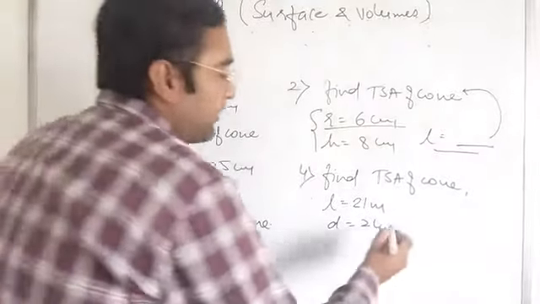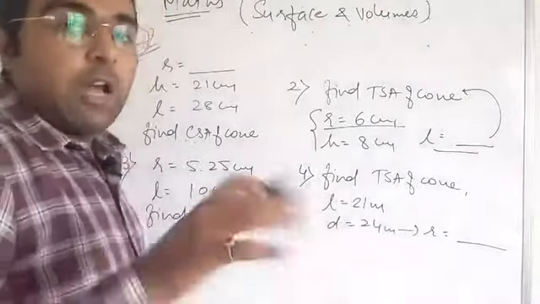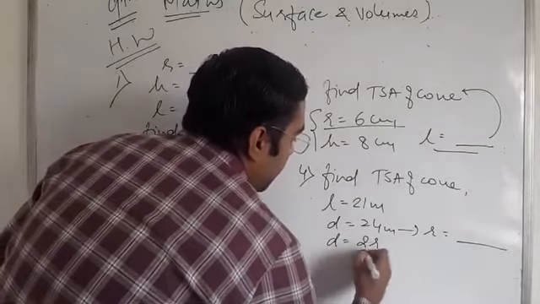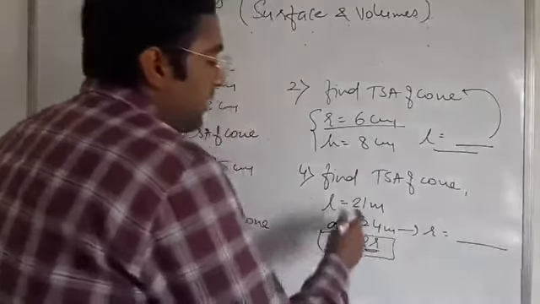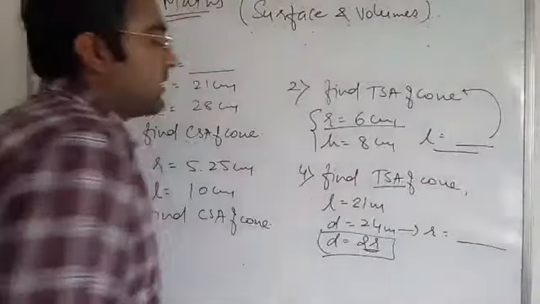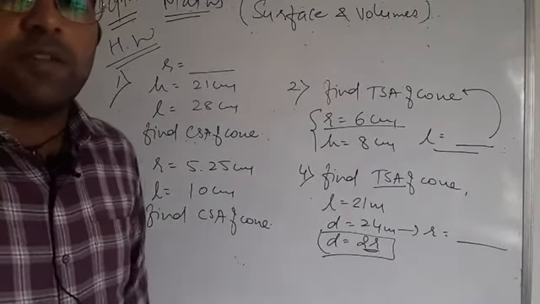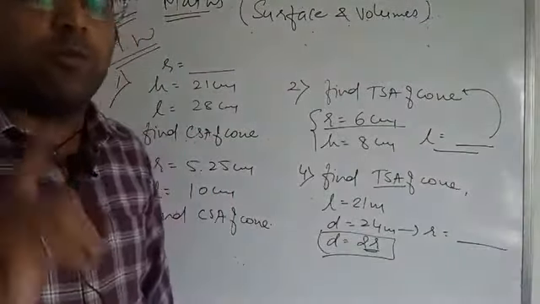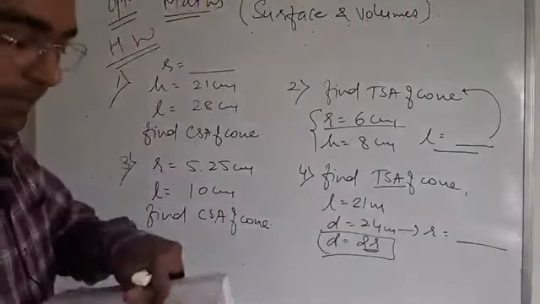So first convert diameter into radius. Diameter is equal to 2 times radius. Using this you can convert diameter to radius, and then put the values of slant height and radius into the total surface area formula of the cone. What is the formula of the total surface area of a cone? That is πr(r + l). First of all you have to find the radius. Clear?